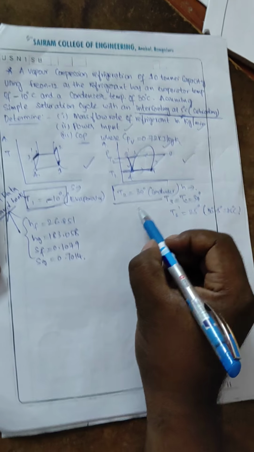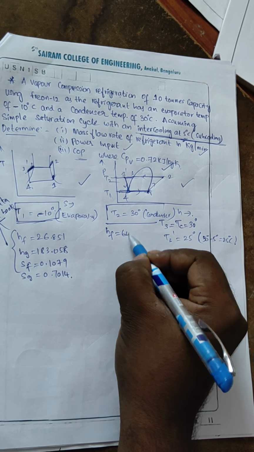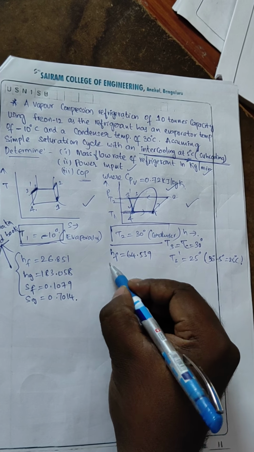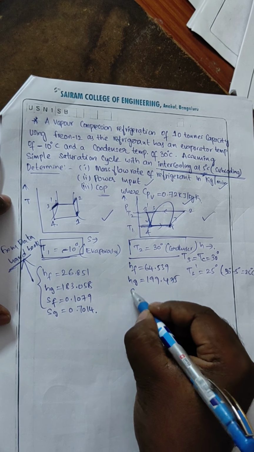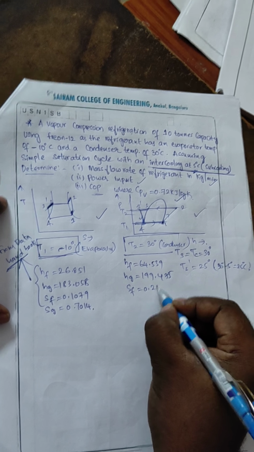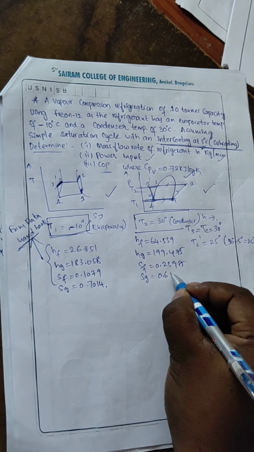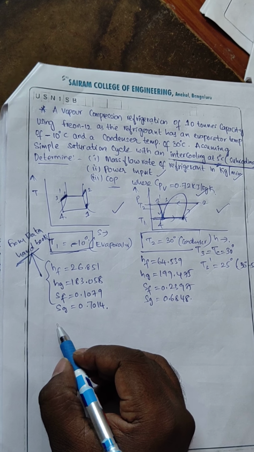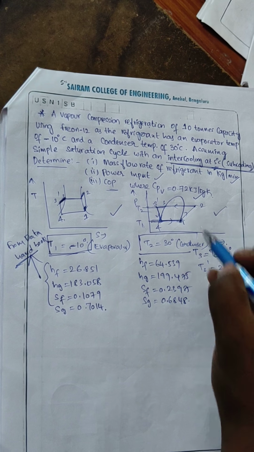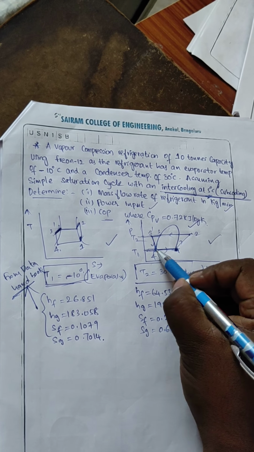In the same way, at T2 equal to 30 degrees Celsius, HF is equal to 64.539, HG is equal to 199.475, SF is equal to 0.2397, SG is equal to 0.6848. First we need to find all the enthalpies, H1, H2, H3, H3 dash, H4.